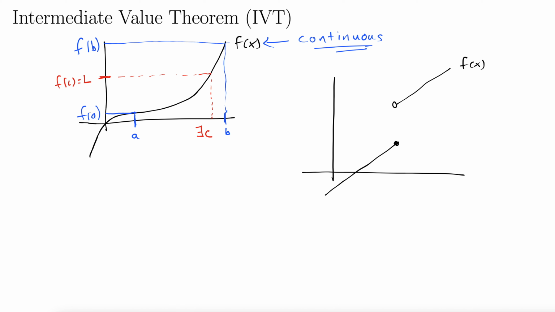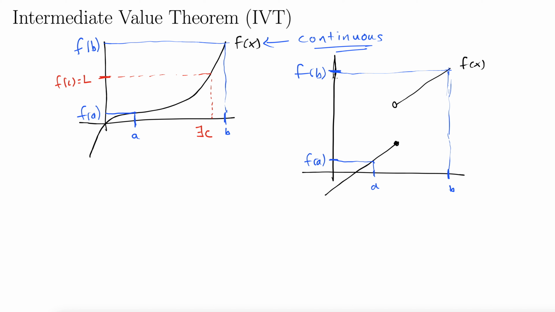And then we could do the same thing. Well, here's our A, and how about a B over here? So we have f of A right about here, and of course f of B, maybe way up here.